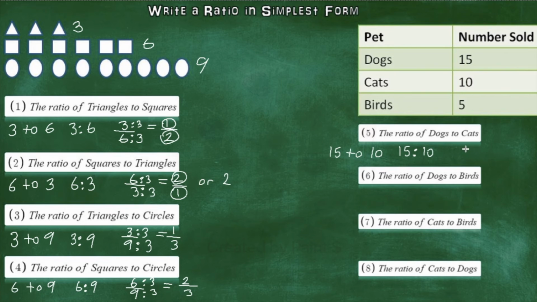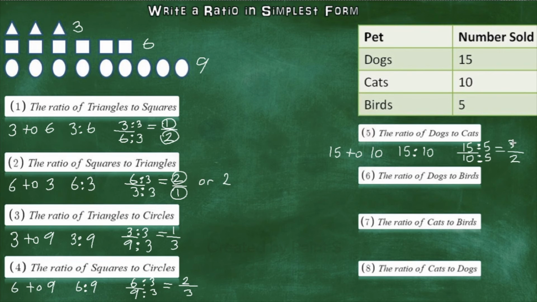We can also write this expression as 15 over 10. As you know, 15 over 10, we can simplify that more with 5, since 5 is a factor of both numbers. We also call that the GCF, greatest common factor of both of these numbers. 15 divided by 5 is 3. 10 divided by 5 is 2.